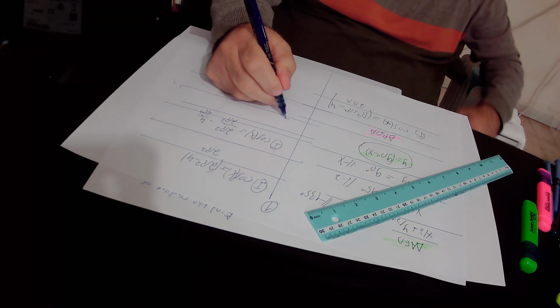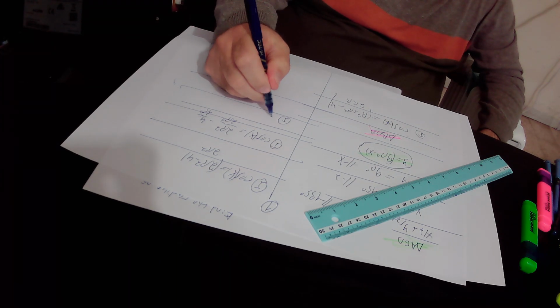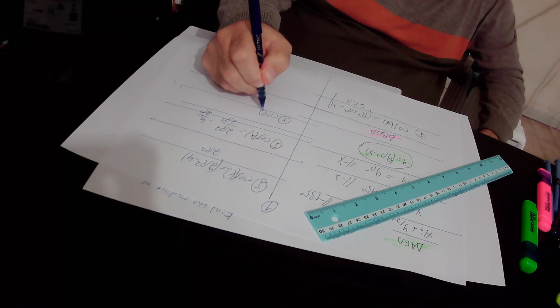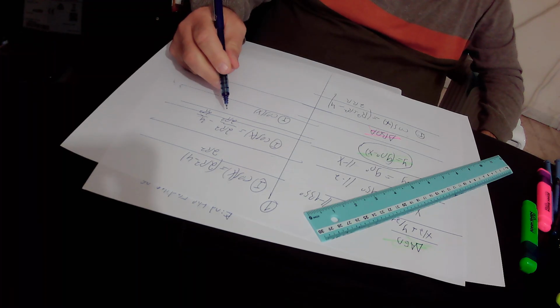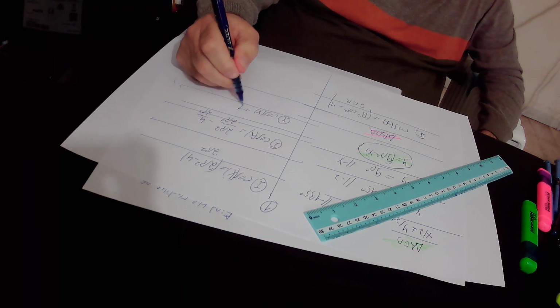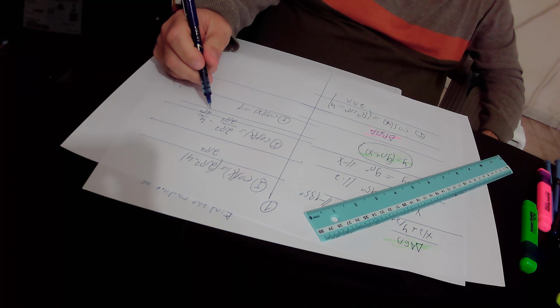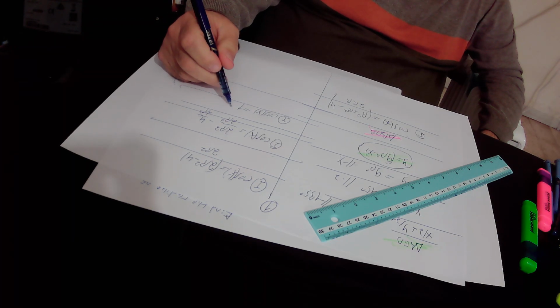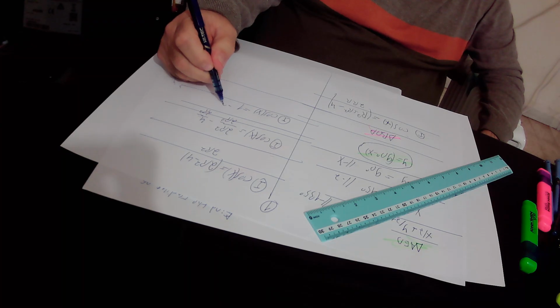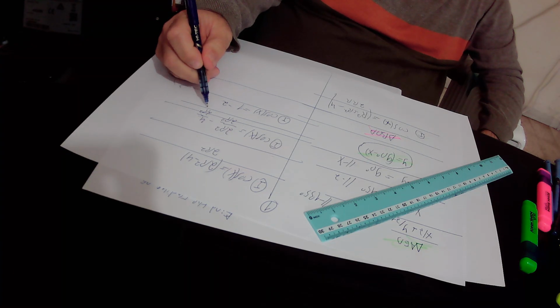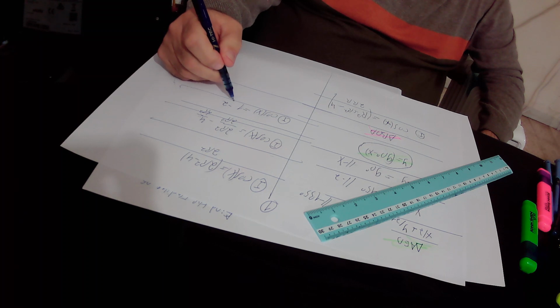So cosine x, according to equation number 1, equals 2r square over 2r square is 1, and here we have minus 4 over 2 is minus 2, so in the numerator we have minus 2, in the denominator we have r square.